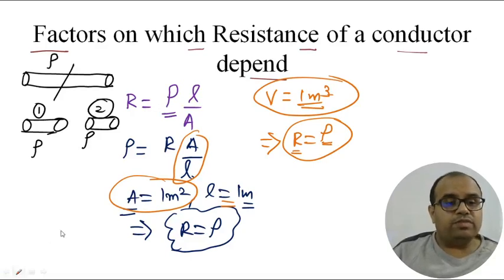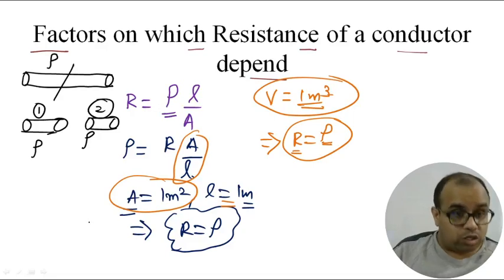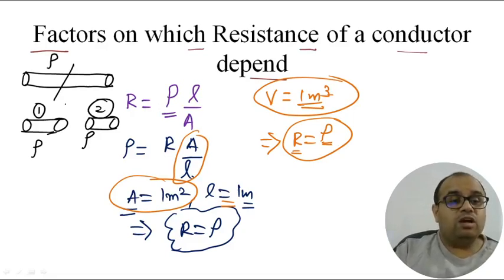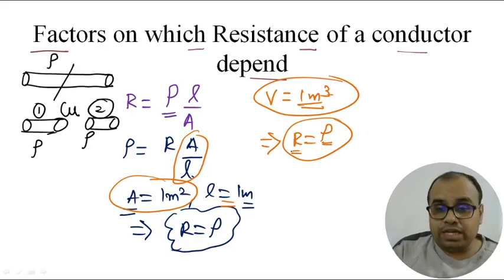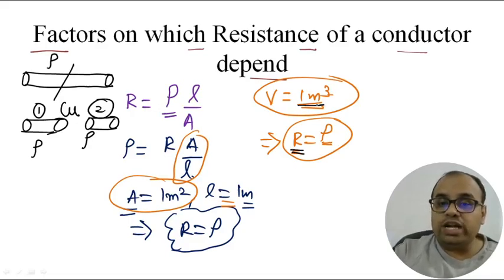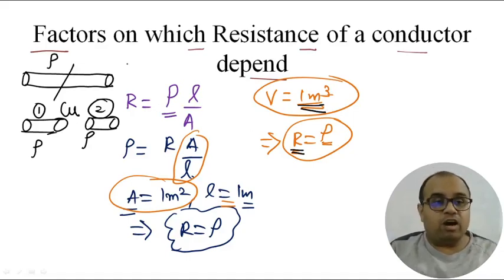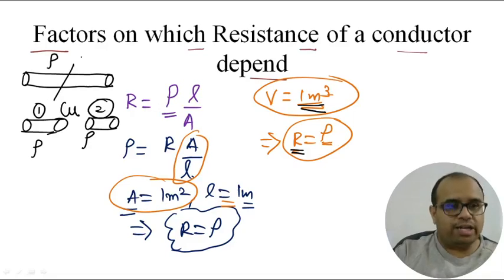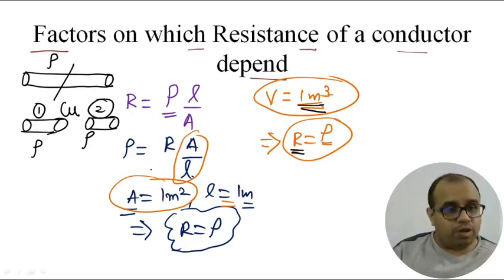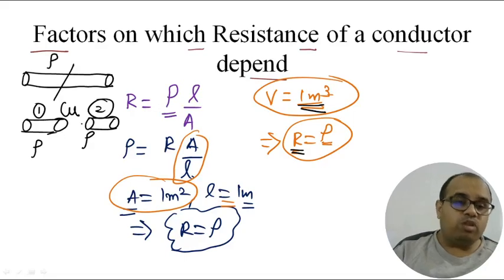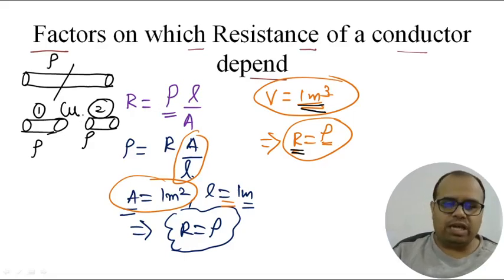Because it is still copper only, and resistivity is the resistance of unit volume of that material. When we cut it in half, copper will remain copper. It is not going to become diamond or something like that. Both wires are made of copper only, so the resistivity would remain the same. There won't be any change.